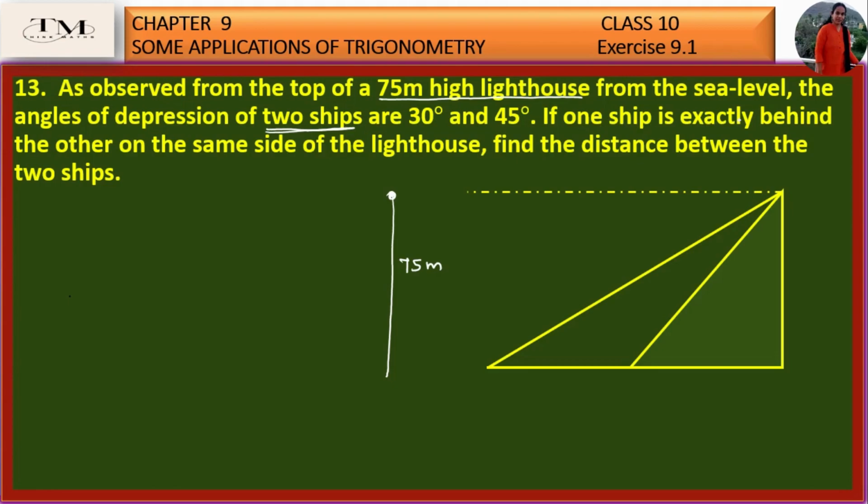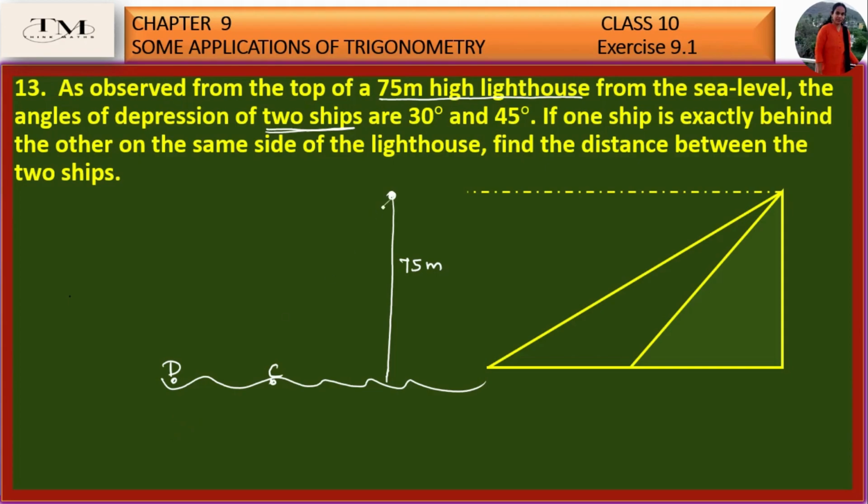One ship is exactly behind the other on the same side of the lighthouse. So this is the sea level, 75-meter high from the sea level. In this sea, there are two ships. Let us mark the ships as C and D. So there are two ships, C and D. So the angles of depression of two ships.